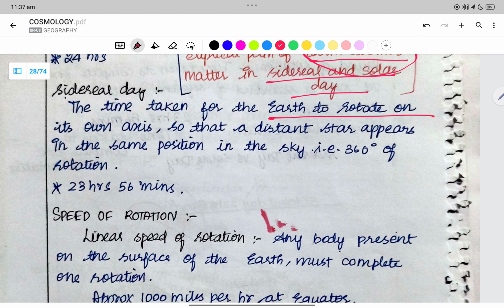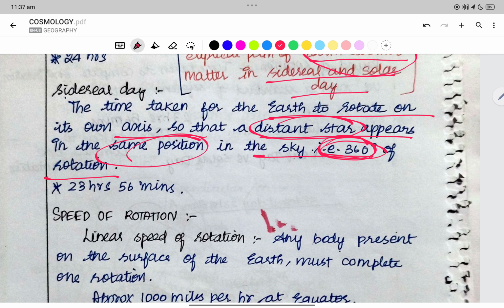For the sidereal day, the time to rotate on its own axis so that the distant star appears in the same position in the sky, we are using a 360-degree rotation with a distant star. But for the solar day, the sun appears in the same position.